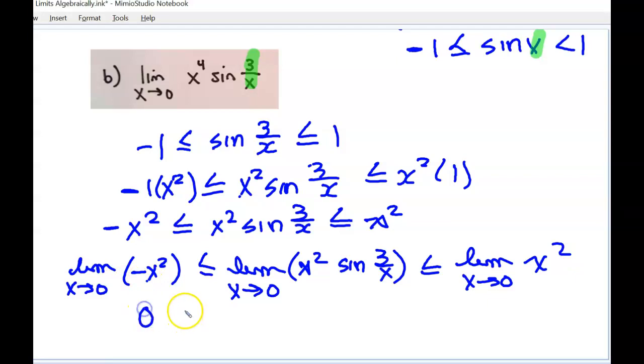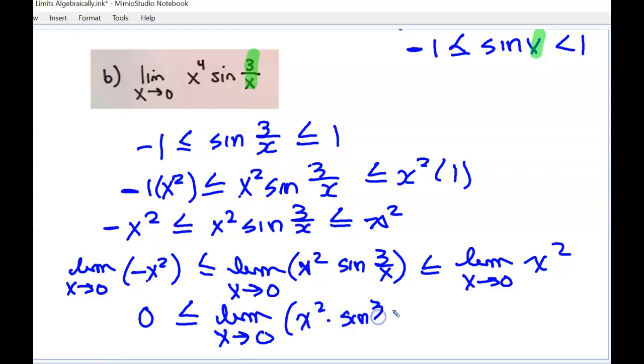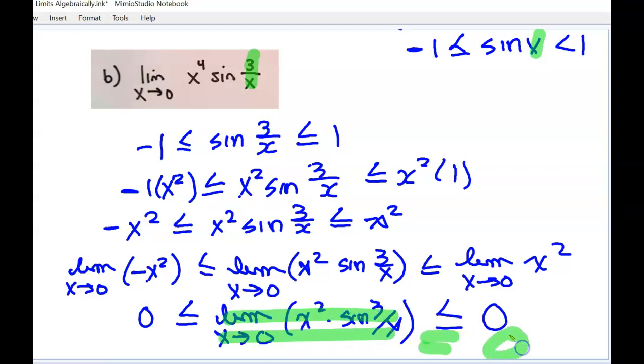Plugging in 0, I get 0 is less than or equal to the limit as x approaches 0 of x squared times sine of 3 over x, is less than or equal to, again, plugging 0 into this right limit, 0. So therefore, we can conclude by the squeeze theorem that the limit as x approaches 0 of x squared sine 3 over x will also equal 0.